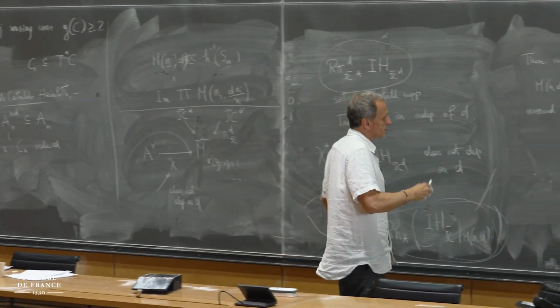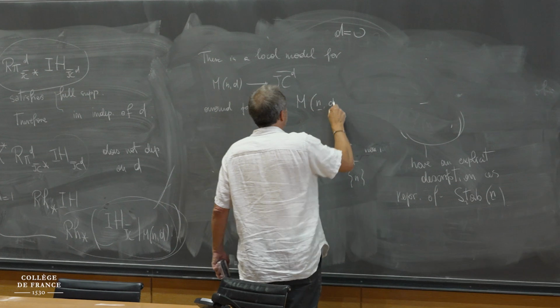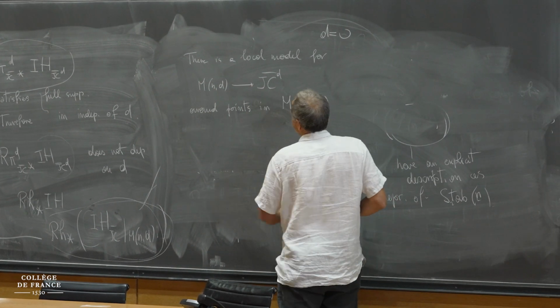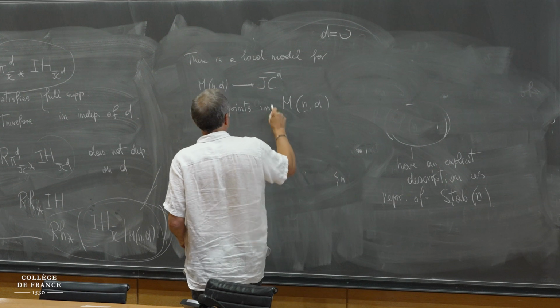Say generic points. I don't want to be too precise here. And this local model is the following.